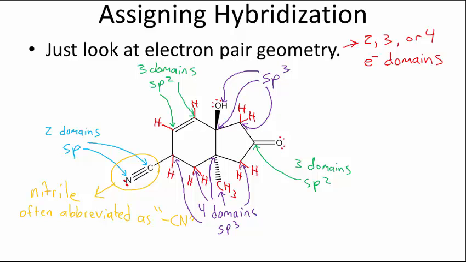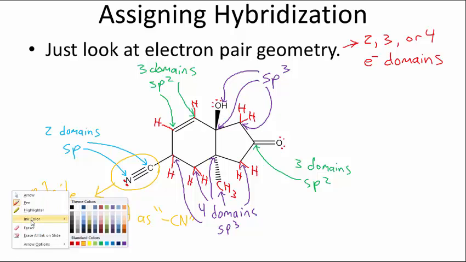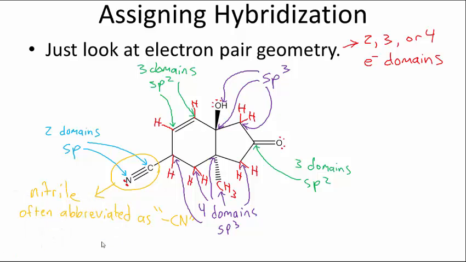But I did forget to assign the hybridization of the other oxygen atom in the structure. So I should do that. It's bonded to 1 atom and has 2 lone pairs, so that would be what hybridization? sp2.